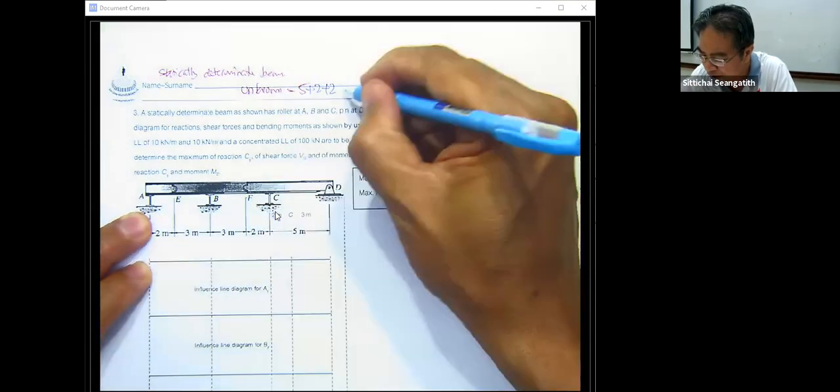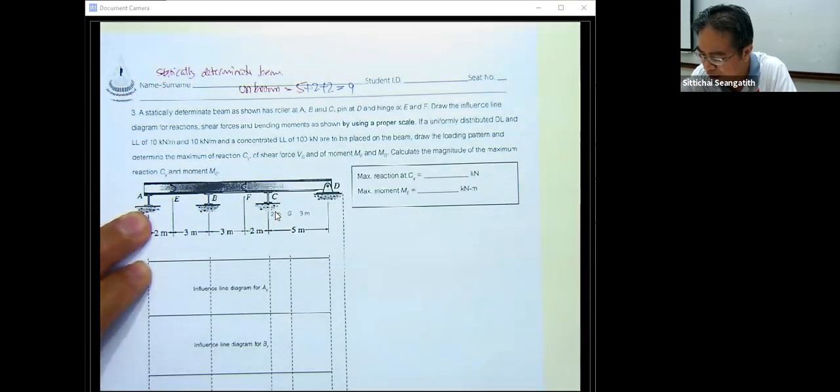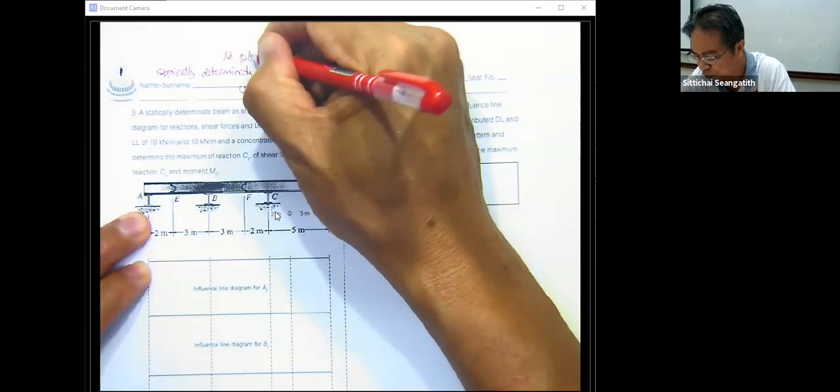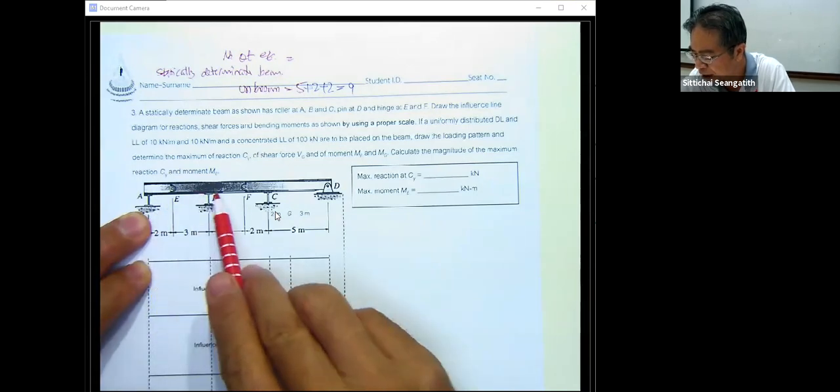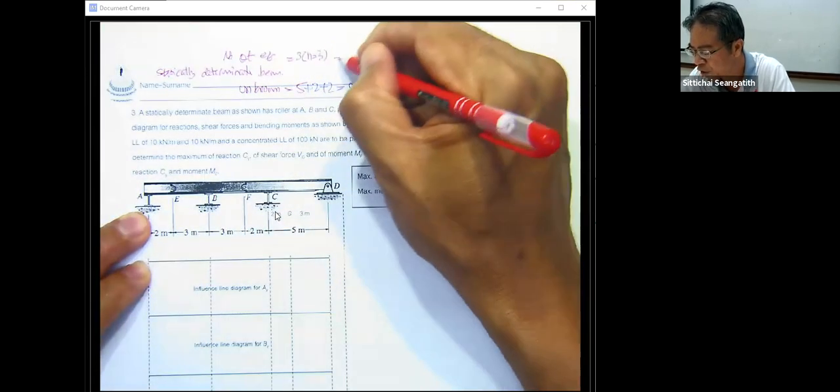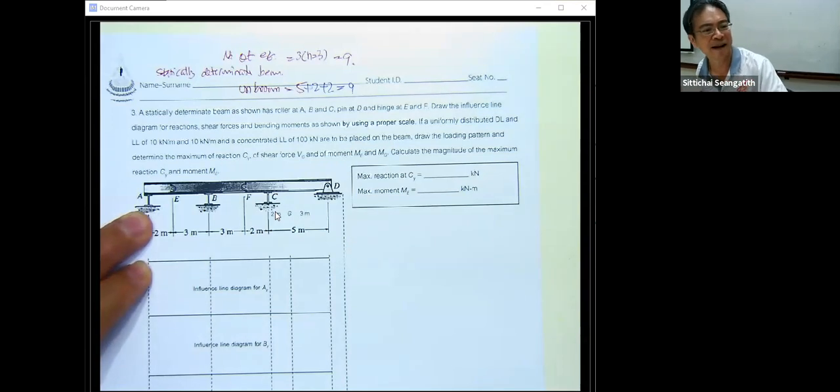And what is the number of equations? Number of equations, we have 1, 2, 3 pieces. So 3 times n equal to 3. So it's going to be 9. Statically determinate beam. Okay.